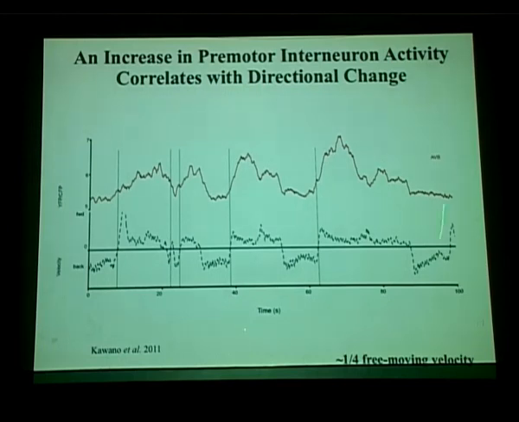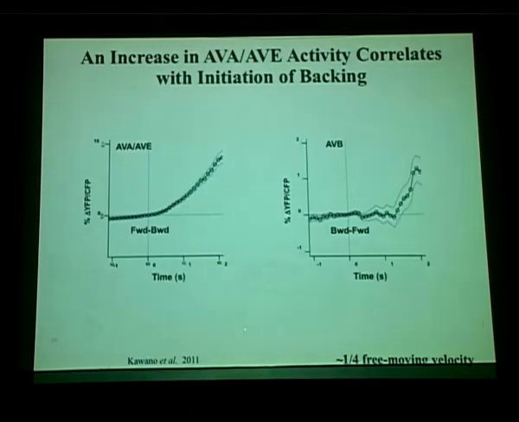But the new finding is when you correlate the activity of the red command interneurons, or premotor interneurons, you see the opposite trend. You see a rise in activity corresponding to the animal changing direction from backward locomotion to forward locomotion. The temporal correlation of the switch was very precise, especially for the AVA and the AVE.